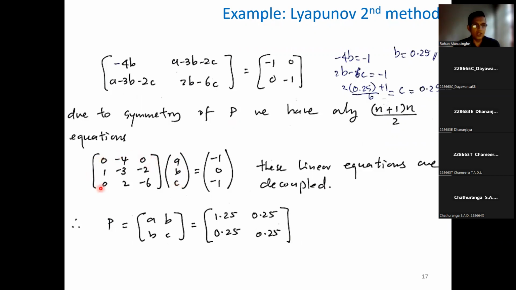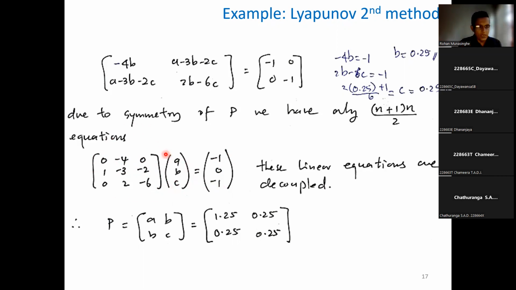This matrix in front generates the 3 equations out of A, B, C. Some equations don't have A, so these elements are zeros. Some equations don't have C, so these elements are also zeros. Like that, you construct this matrix, which constructs the equations using A, B, and C. And on the right-hand side, you have minus 1, 0, minus 1, the right-hand side of the three equations.